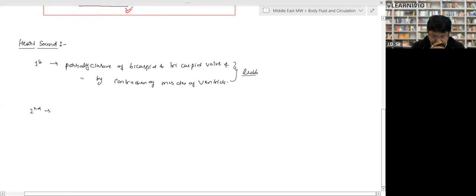Next, the second sound is caused by the closure of the semilunar valves.